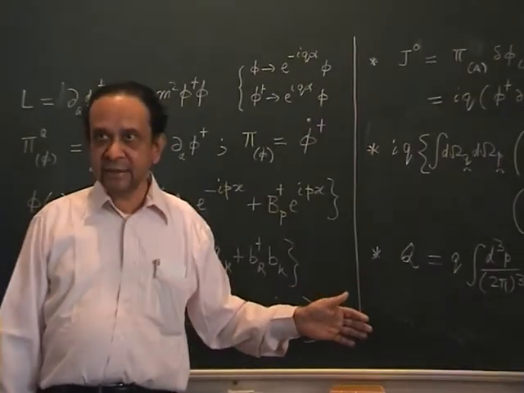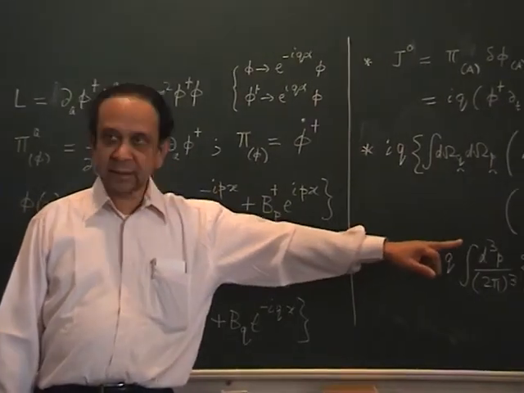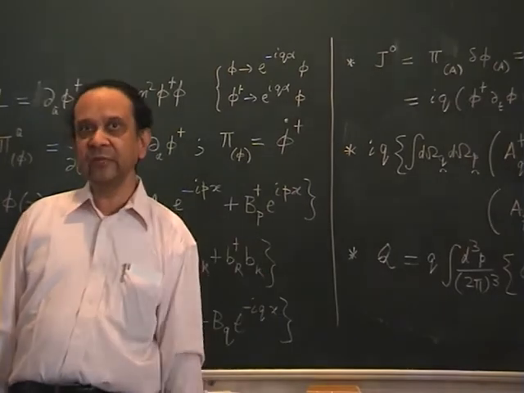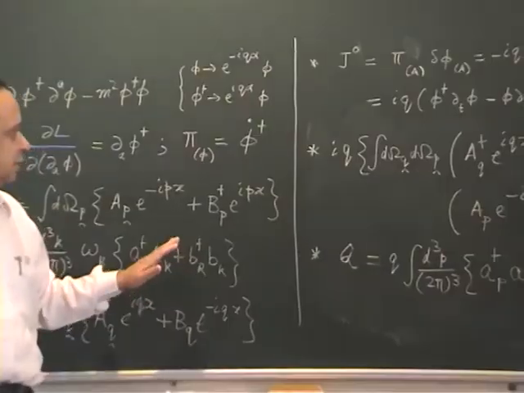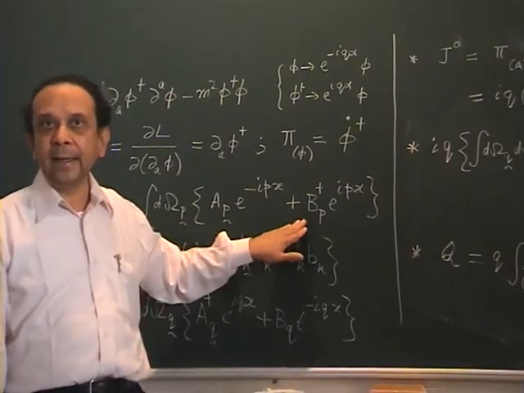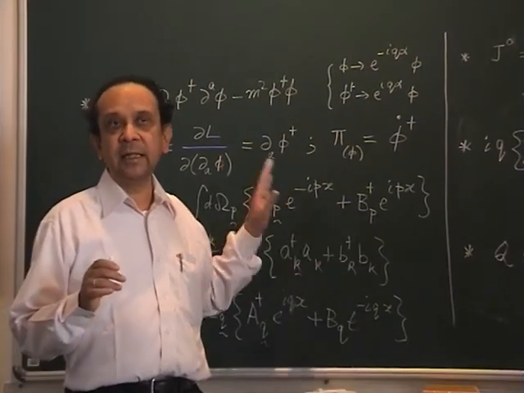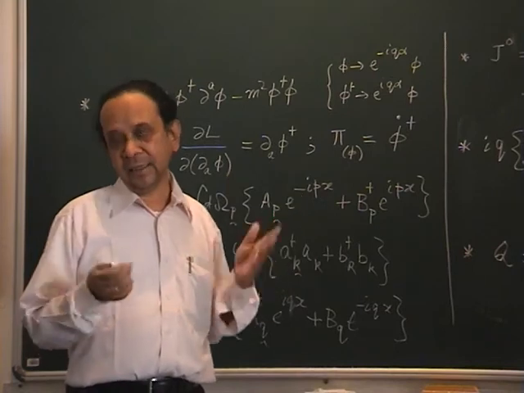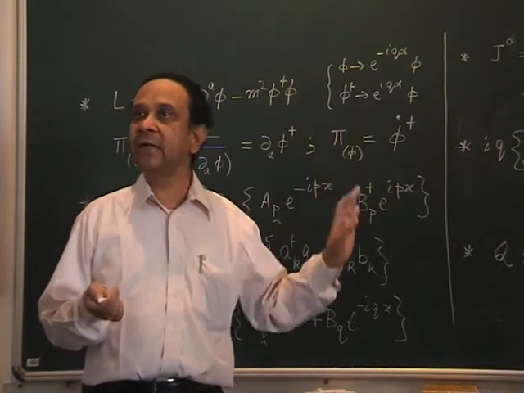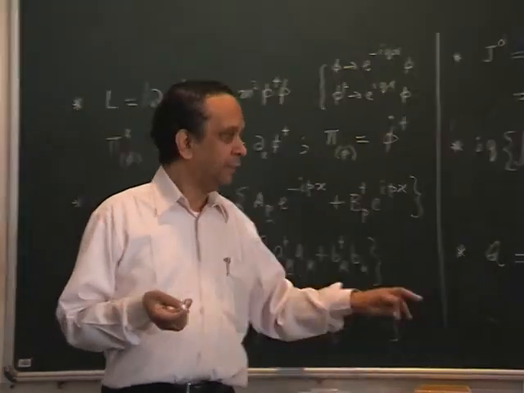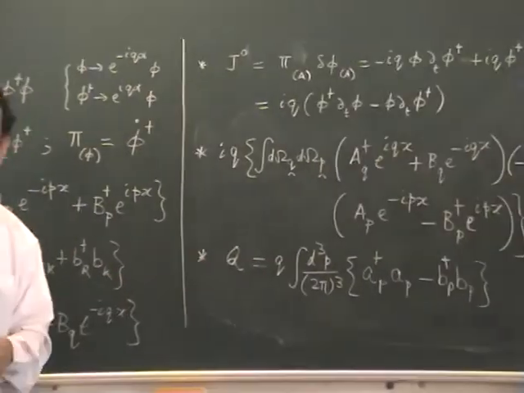But when you compute the charge, it comes with the correct minus sign. As a result, you can interpret the particles which are created by B dagger to have a charge opposite to the particles which are created by A dagger. So that is why we call it a charged scalar field in the first place. Okay, fine. So you can compute this quantity.